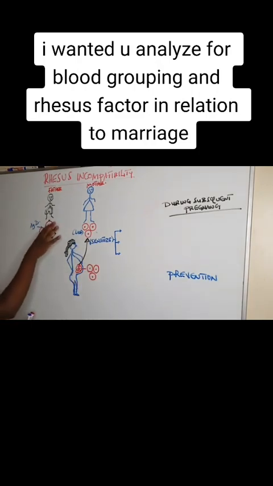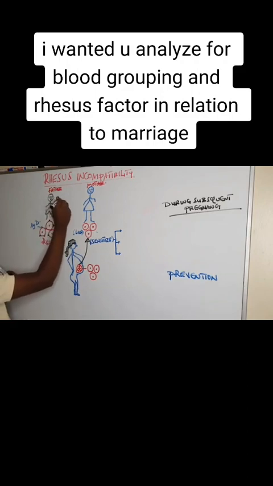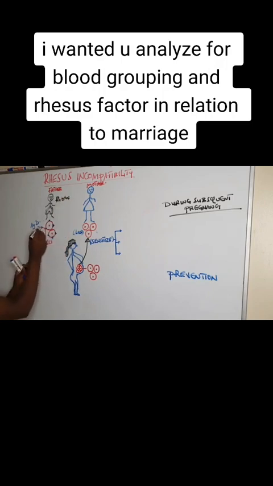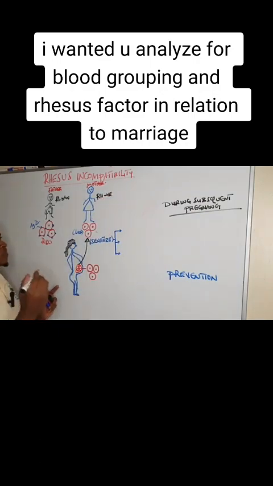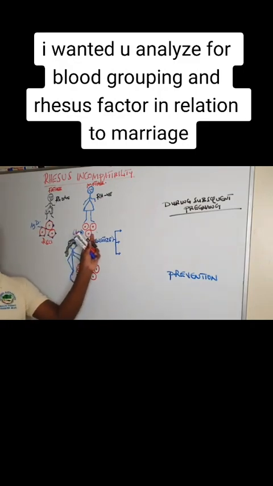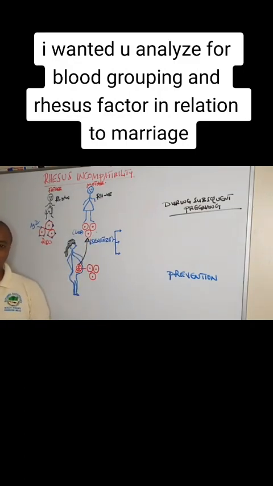So here we have a couple whereby the father is Rhesus D positive, because he has antigen D on the surface of his red cells, whereas the mother is Rhesus negative, because she lacks antigen D on the surface of her red cells.